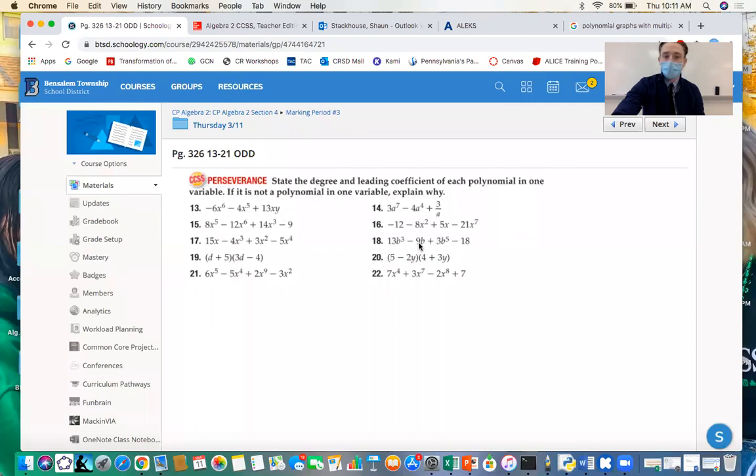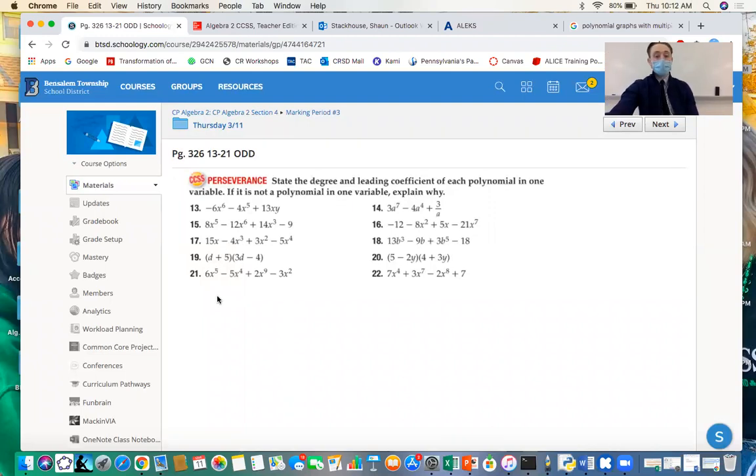In example 18 over here, I have four terms. So it's a polynomial of four terms. I know if I put that in order in 18, the highest power is 5. So it's a quintic polynomial of four terms. And then you would say the leading coefficient is 3. So that's what I want to see for each of those questions there. You have 1, 2, 3, 4, 5 of them.